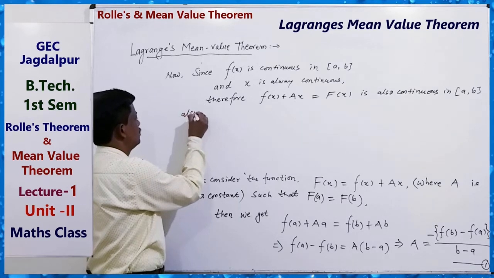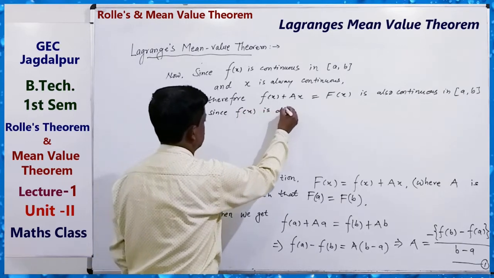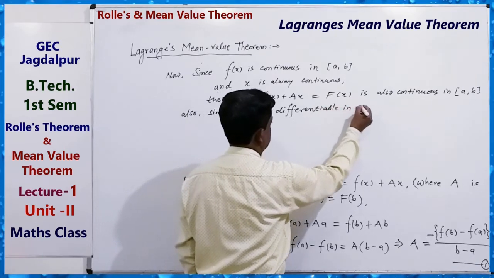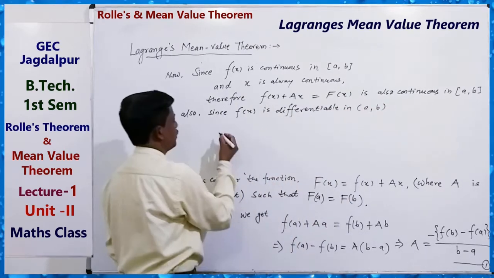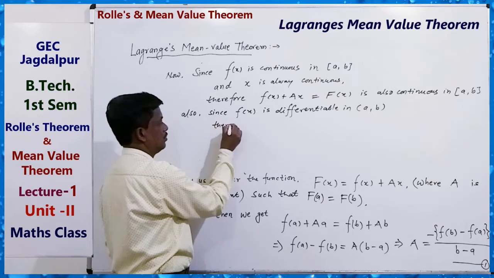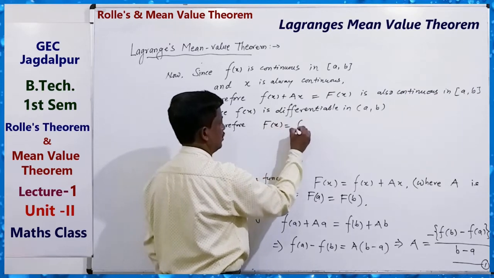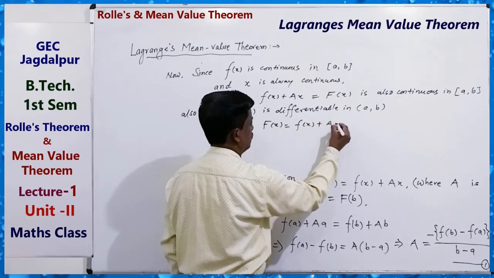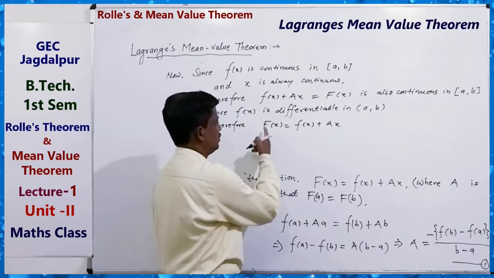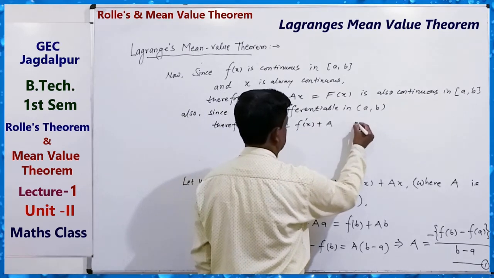Also, since f(x) is differentiable in (a, b), therefore F(x), that is f(x) plus A into x, has F dash x equals f dash x plus A, which exists.